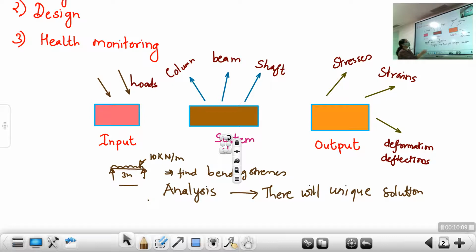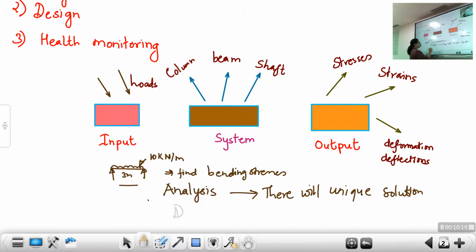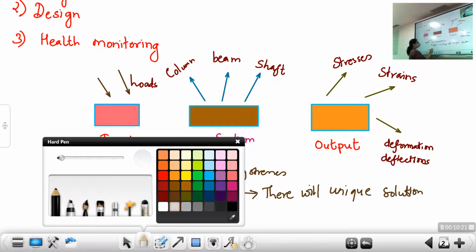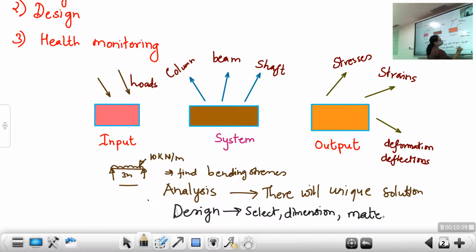When it comes to designing this system, the engineer has the liberty to select the material, to select dimensions, and do all sorts of optimization so that the best system is designed.